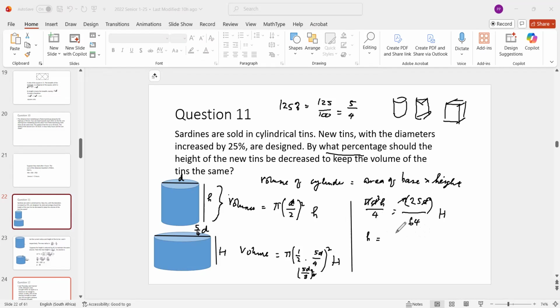Let's make h the subject. So you have to multiply by 4 times 25, right, over 64 times capital H. Okay, so this is 100 over 64. So you can see that to raise the percentage to 100, okay, you have to think about this.